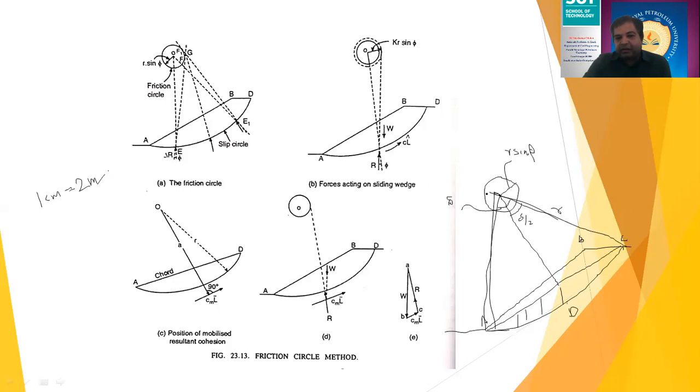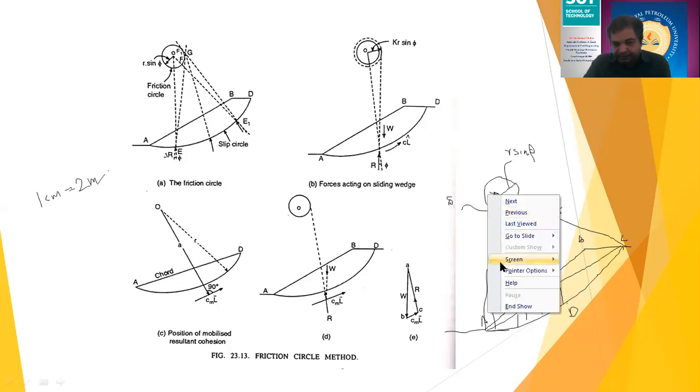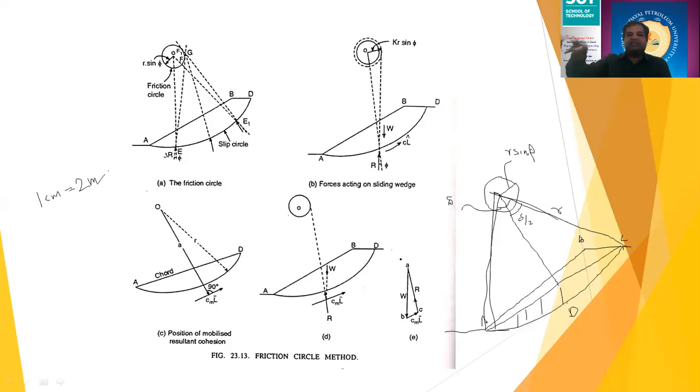How will you find out the area of this whole? If you want to calculate the area of this whole, then you will use pi r square, which is the area of circle, multiplied by 2 pi r delta upon 180. So that you will get the value of this whole circle portion. Then you know the area of the triangle, OAC: it is 1/2 into this length, let's say this is E, OE into AC.